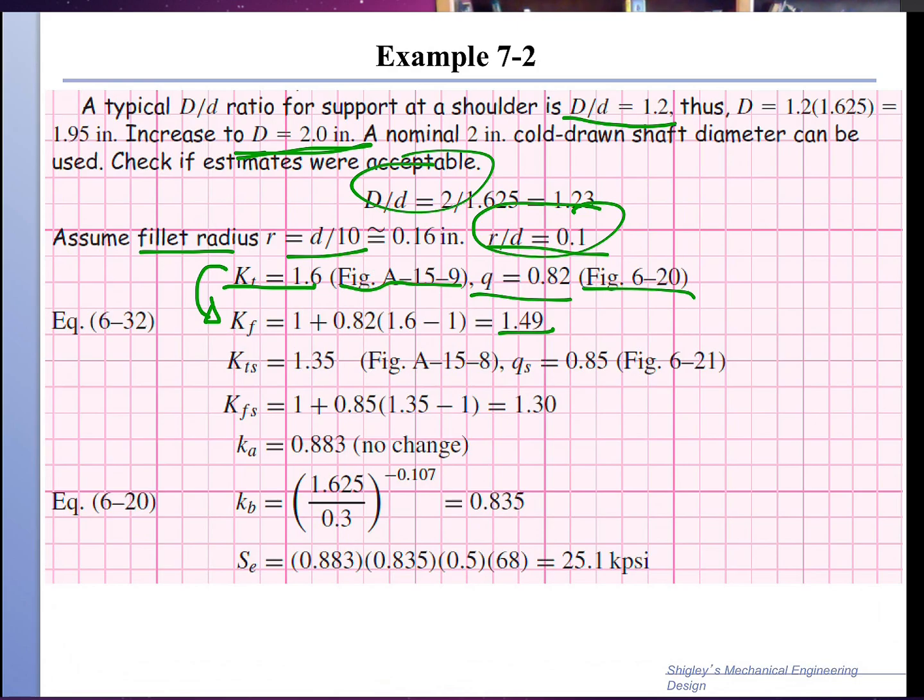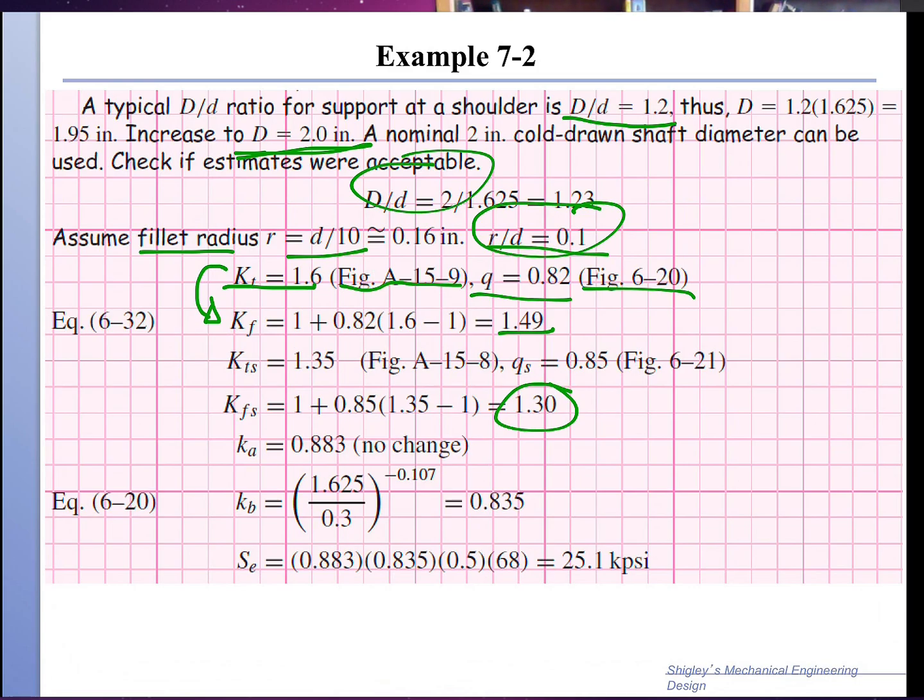So the fatigue stress concentration factor now is 1.49, and the same thing for the shear component of the stress concentration factor under fatigue. And then once we do that, we have sizes.